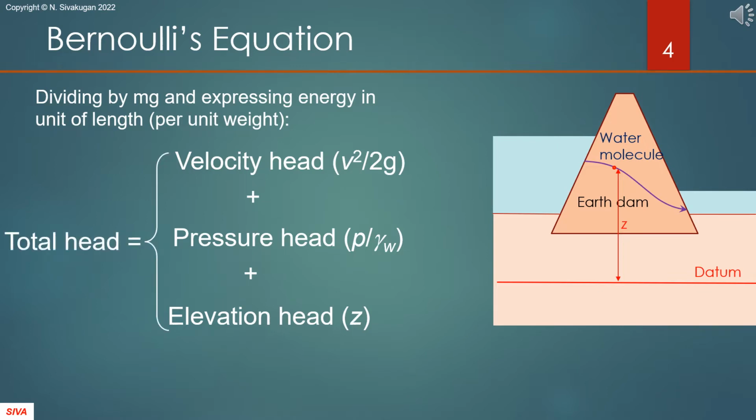Dividing by mg and expressing the energy per unit weight and unit of length, Bernoulli's equation boils down to total head equals velocity head plus pressure head plus elevation head.